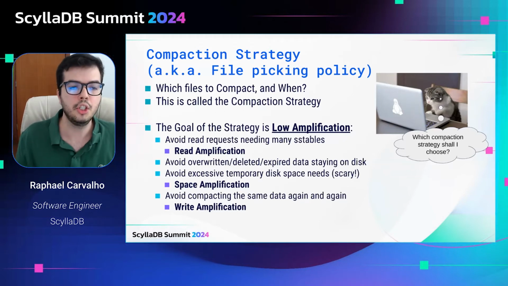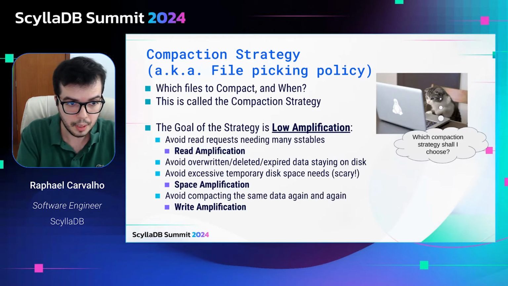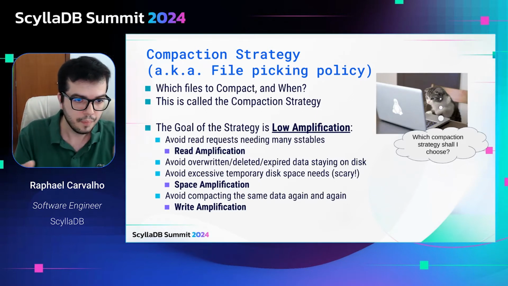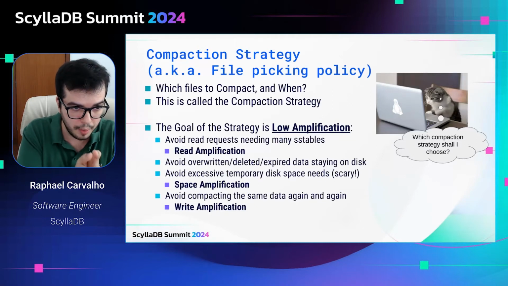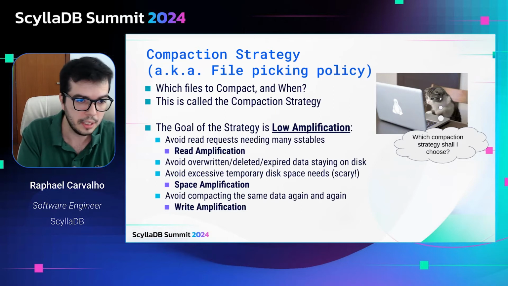So the goal of this strategy is low amplification. You want to make sure that your queries avoid having to read many SSTables, and you also want to avoid overwritten, deleted, and expired data staying on disk for a long time, which causes read amplification.